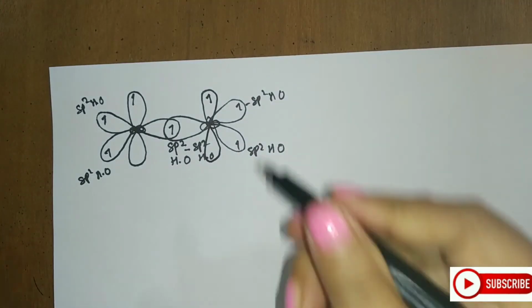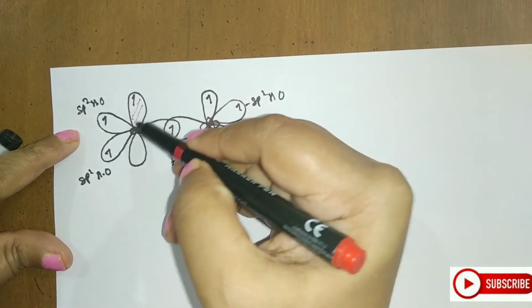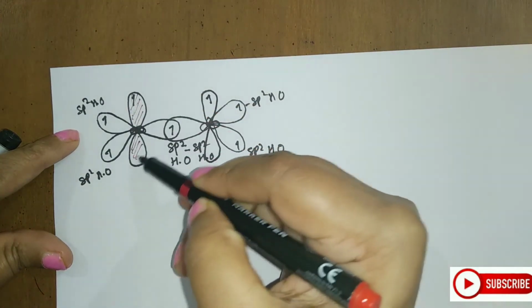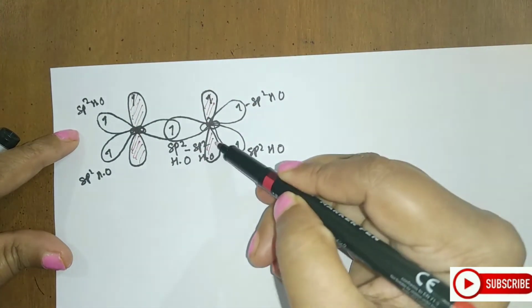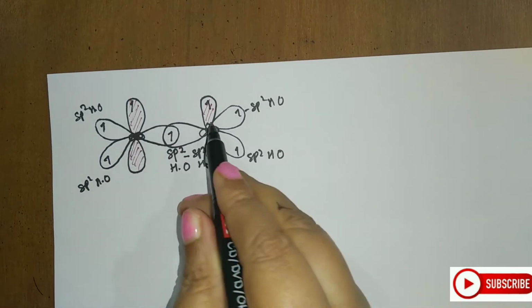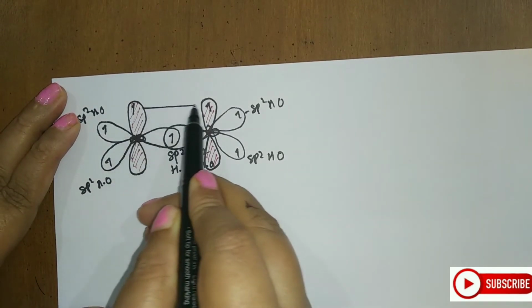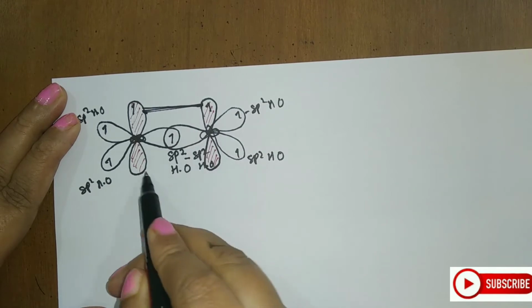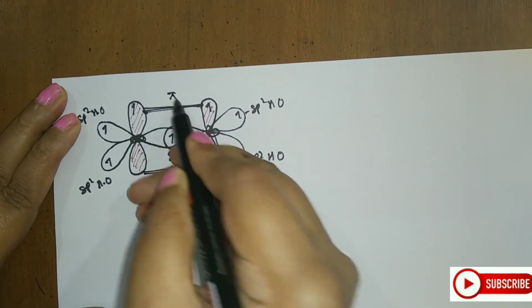So this is what you got. Both of them are remaining unhybridized. Let us shade them so that you can understand they are unhybridized orbitals. They are not taking part in the hybridization process. Now students, when they are unhybridized, they will overlap in this way, that is laterally, and they will form the pi bond.